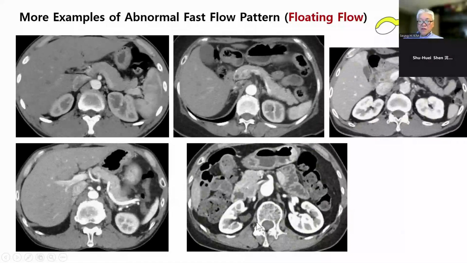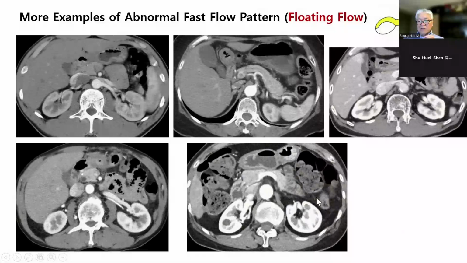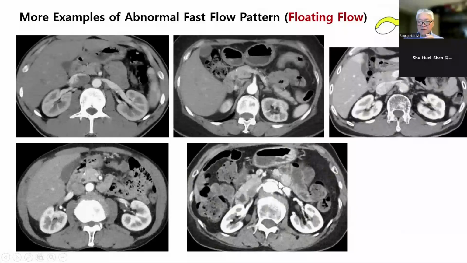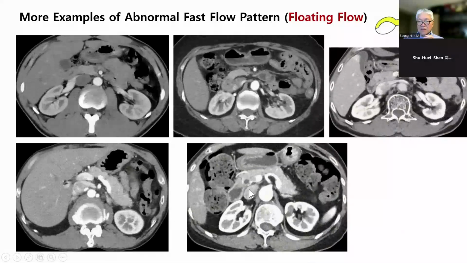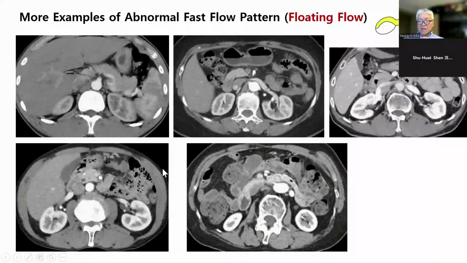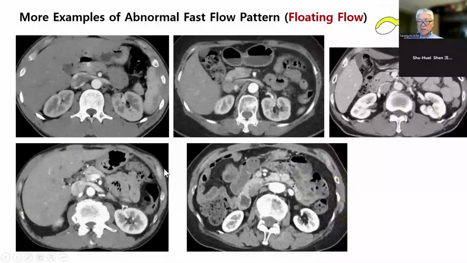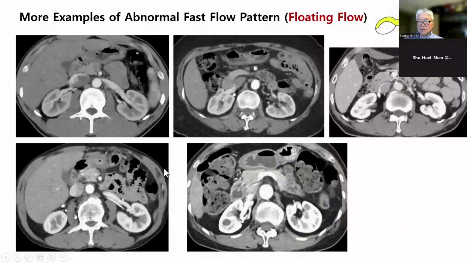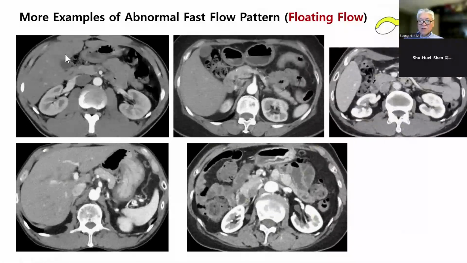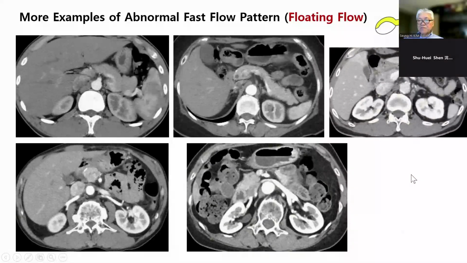So if we see that flow pattern, then we can suspect that there is quite fast flow, and probably a nutcracker phenomenon. And if this patient has some kind of symptom, then maybe related to nutcracker syndrome, we can suspect nutcracker syndrome in those cases.